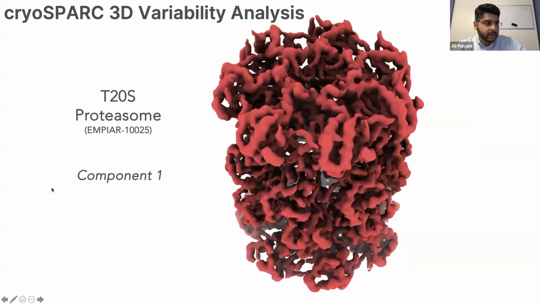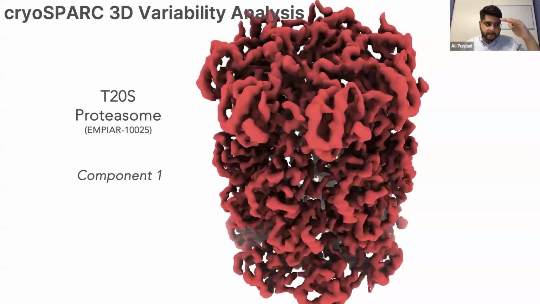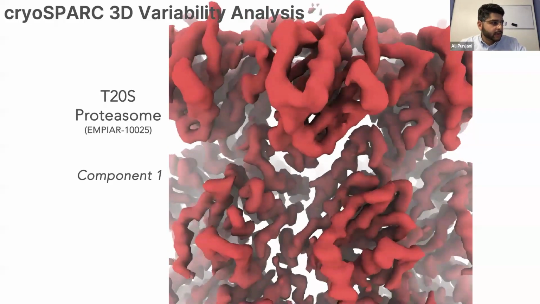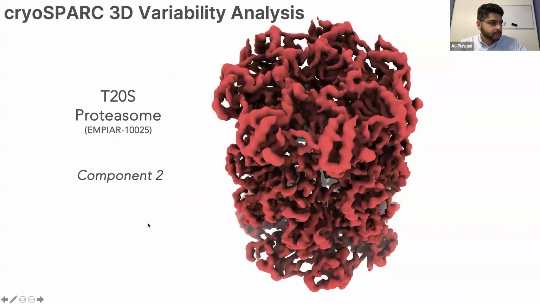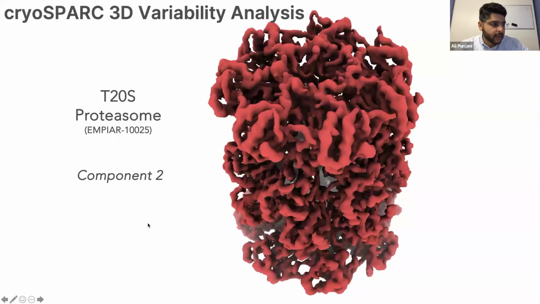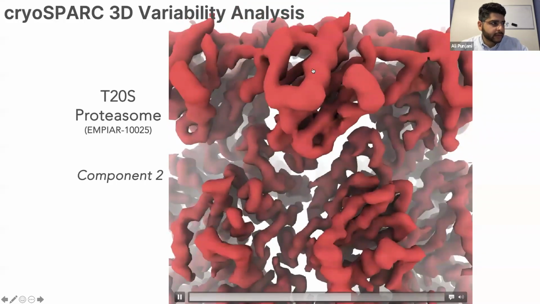And so the first component I'll just show you is an extension motion of the barrel, where all the subunits are doing the same thing, all extending and retracting in sync. The second component is twisting of the barrel, again in sync, all the subunits doing the same thing at the same time. And you can see the motion of individual alpha helices here as well by a few angstroms.